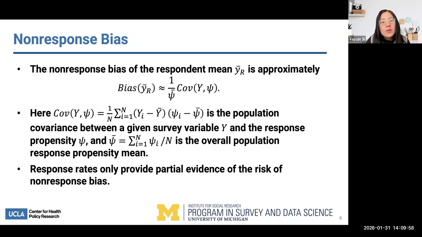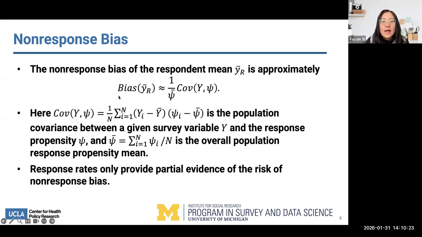The non-response bias expression depends on the quantity of interest. Commonly, we look at the non-response bias of the respondent mean. Here I use small y bar r to estimate the population mean of interest.